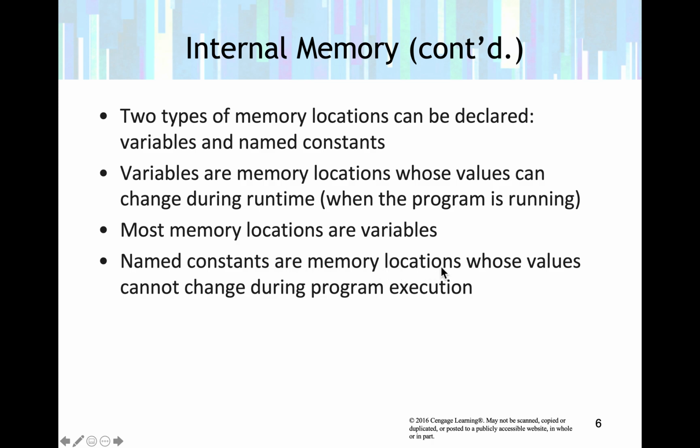Named constants are memory locations whose values cannot change during program execution. So again, if we take the example of a video game, let's say that you're playing a video game where you have a certain number of lives, and let's say you have 10 lives, and if you get killed 10 times, your game's over.